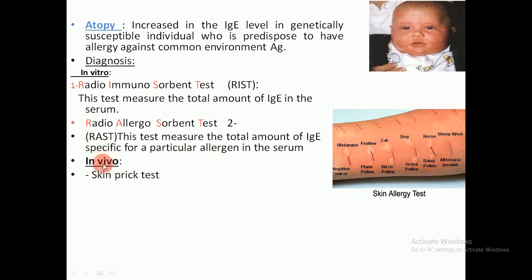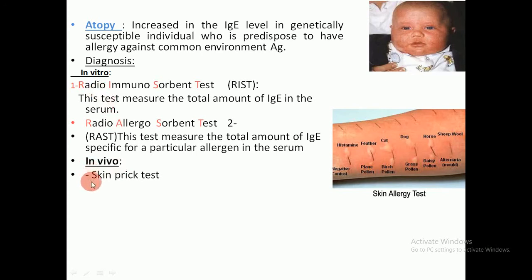This is done using serum from the patient, and these two tests can be done by ELISA or RIA in order to determine the total amount or the specific amount. You can differentiate: immuno means whole immunoglobulin, while allergo means specific allergen.